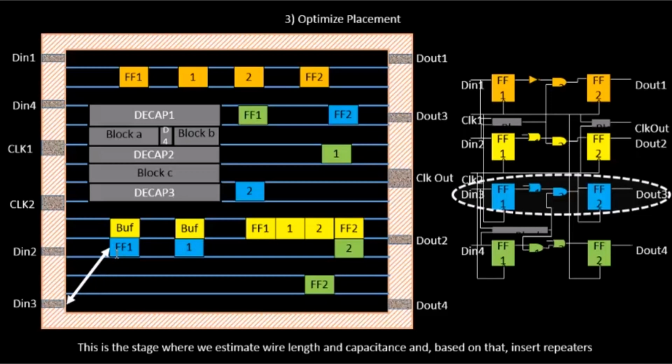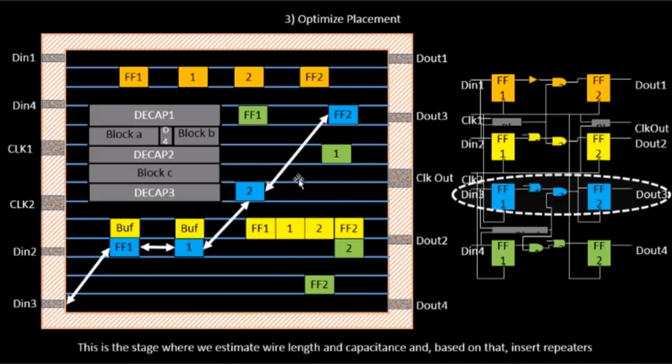So from D in 3 to flip-flop 1, we might not need any buffers. From flip-flop 1 to logic 1 also we might not need any buffers, because this looks like a sufficiently small or reasonable distance. From 1 to 2, we also might not need any buffers because it looks like it will be able to send the signal faithfully to logic 2. From 2 to flip-flop 2, the distance looks a bit high, based on the analysis that we will be doing shortly.